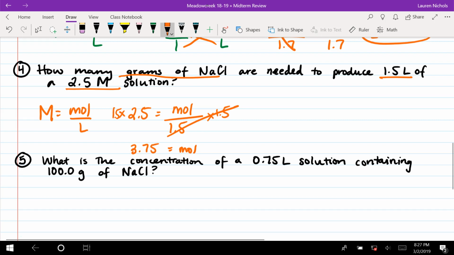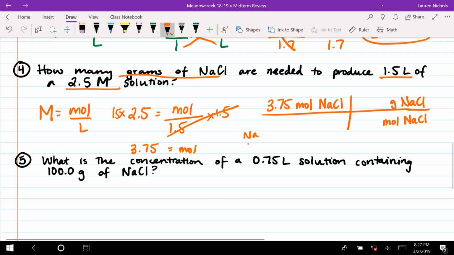Now, if I have 3.75 moles, I can use a T-chart to change moles of NaCl into grams, right? I just repeat my pattern that I've been learning about, moles of NaCl to grams of NaCl. And I know that to convert from grams to moles, I need my molar mass.